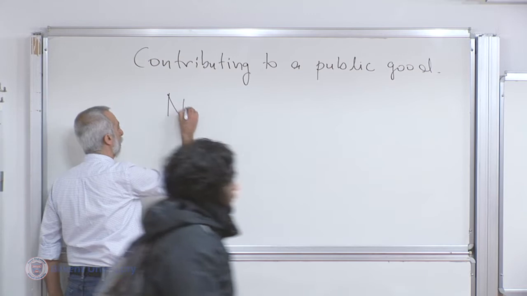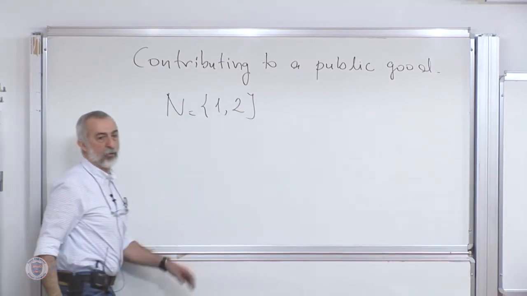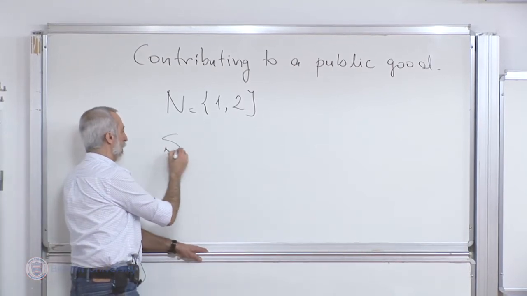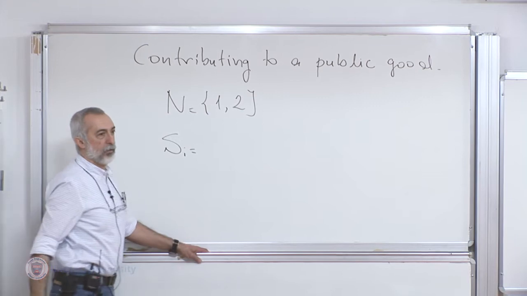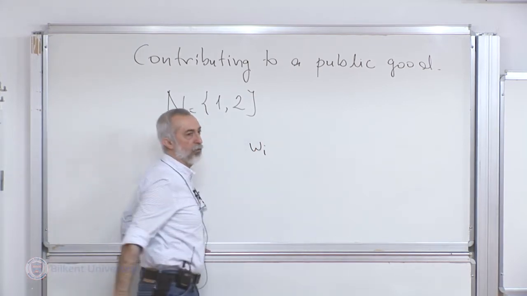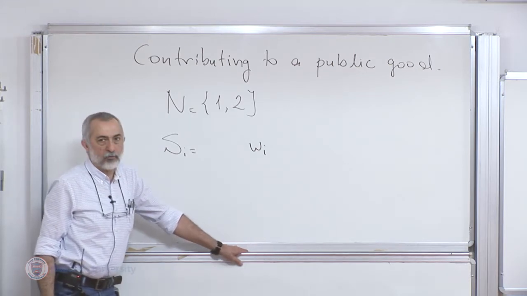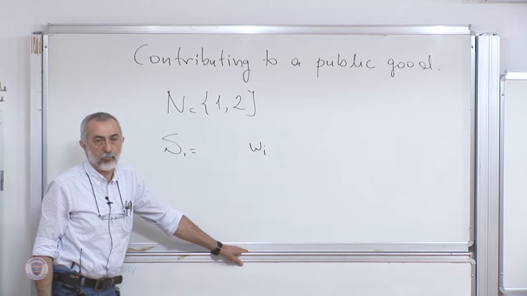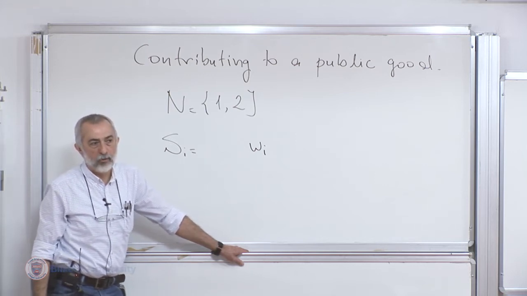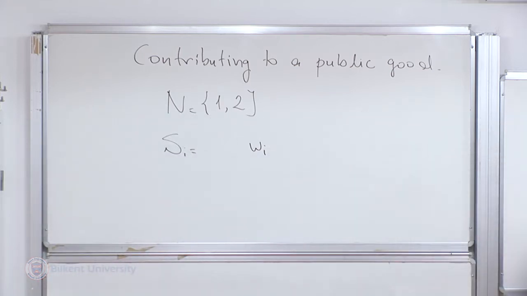First of all, we restricted ourselves to a two-player case. So each agent, as I said, had a wealth denoted by W_i, a positive number. He or she had to decide on how much of this wealth to contribute for the production of a public good, and the rest he was going to spend on private good.